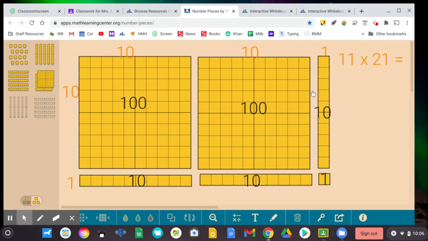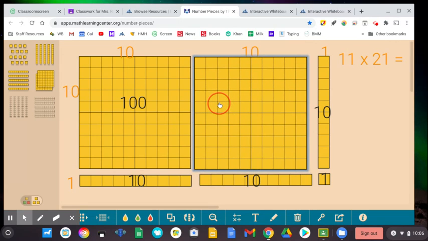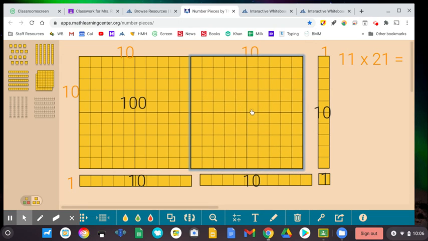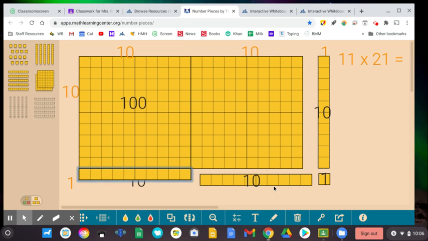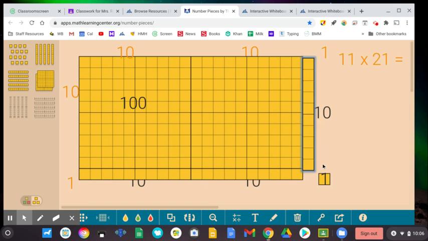When we add these all together, if I would move these all together to make one array, oh no, I lost my numbers. You can see, oh, that's my number 1.